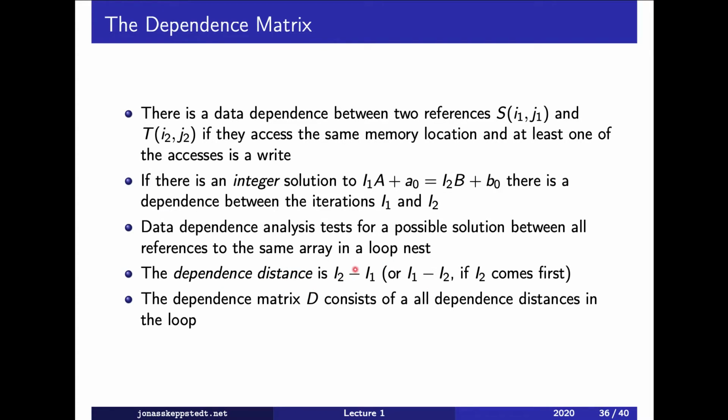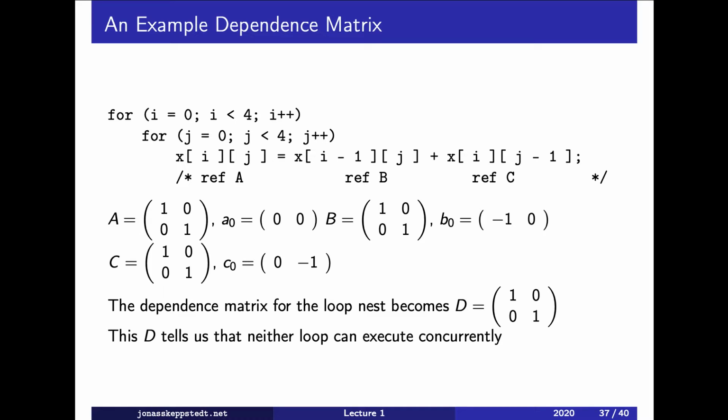It's the difference between these two vectors, and for A and B it's this one, and for A and C it's this one. So we have a set of dependence distances.